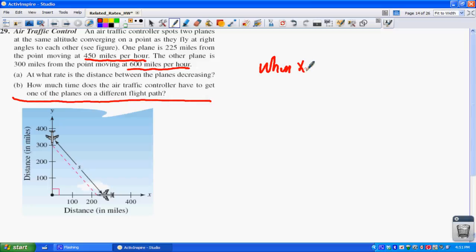When we found when x was equal to 225, that was given to you in the problem. One plane is 225, so that's this guy right here. And then when y, which is the other plane, was 300 miles from the collision course.